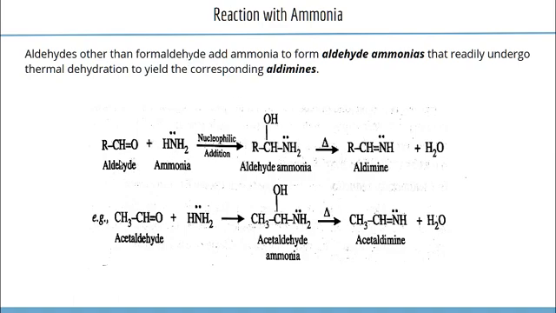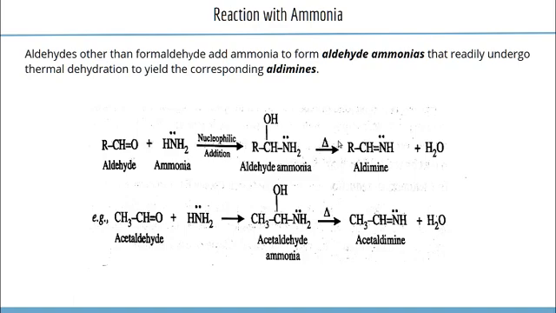Here we have this simple aldehyde structure RCHO on treating with ammonia. First we will get an addition product, nucleophilic addition occurs. That means NH2 minus adds on to this carbon, then H plus adds on to this oxygen. Then we will get an aldehyde ammonia product first.